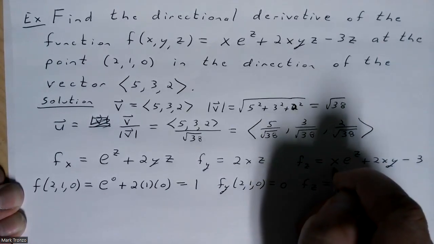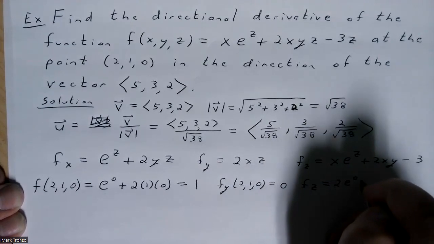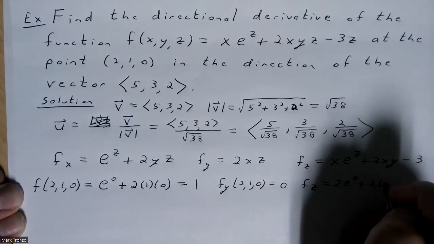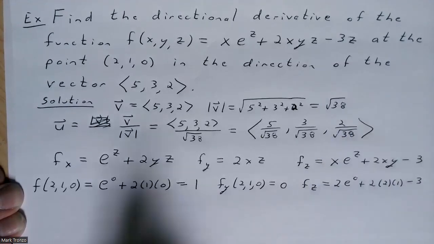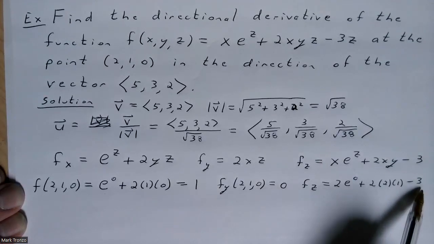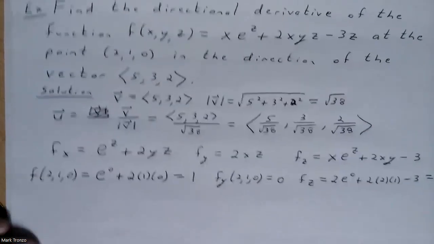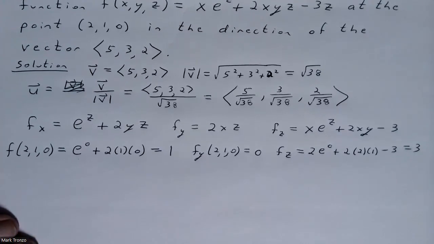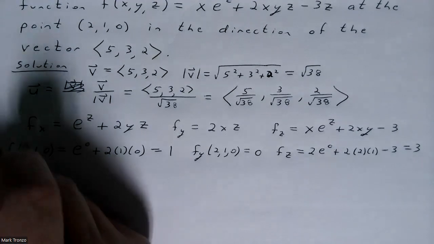That's going to be 2 e to the 0 plus 2 times 1 minus 3. So that's 2 plus 4 is 6. Looks like that's going to be equal to 3. And that's going to be our gradient.